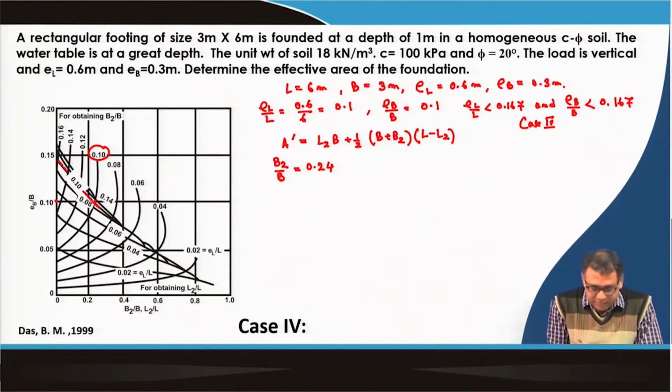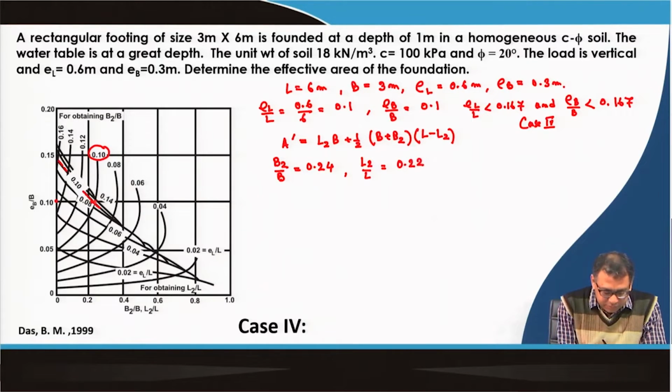So, more or less the same value. Here the downward curves will give me the L2 by L. So, L2 by L is equal to 0.22. Clear? So, one is 0.24 and the other is 0.22.